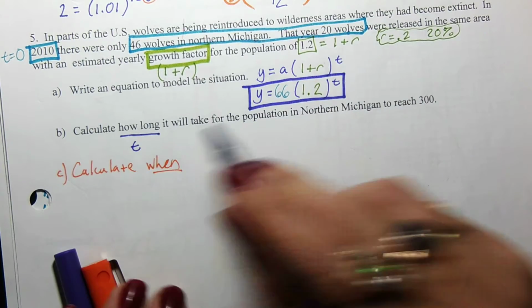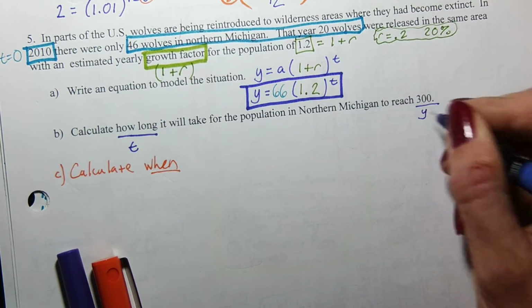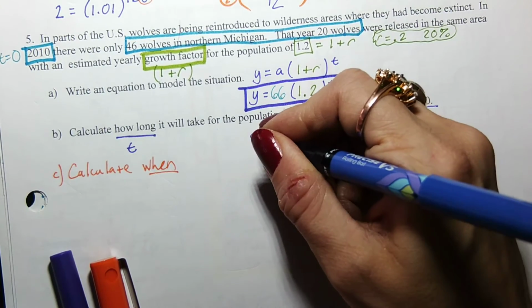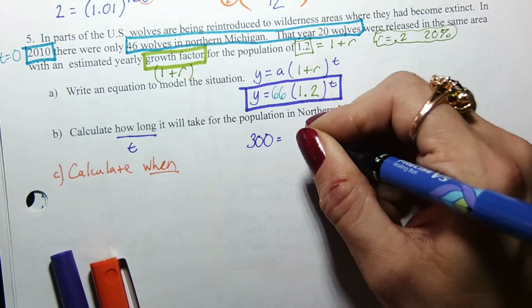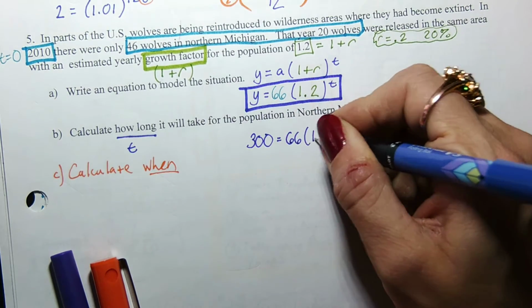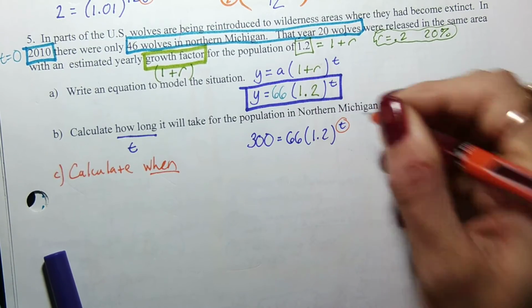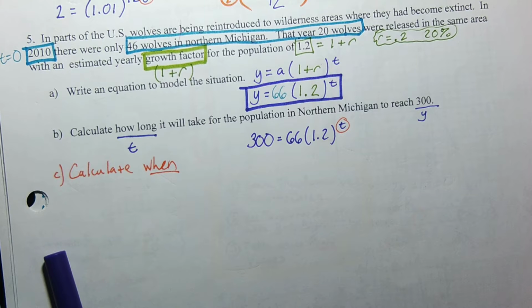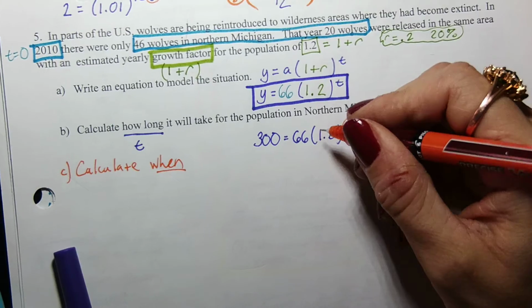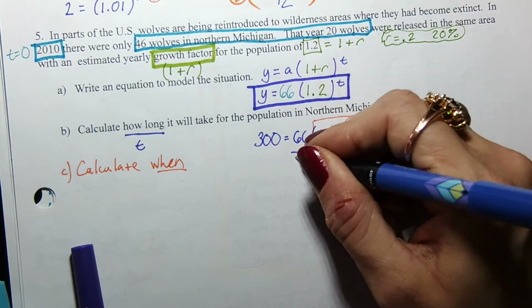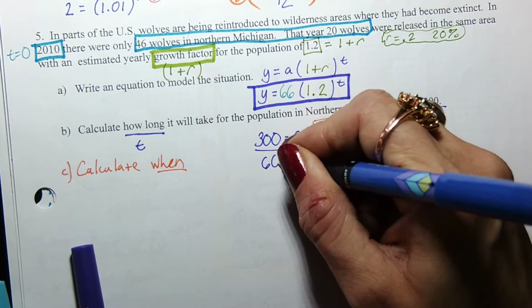We want to know how long it's going to take for the population to reach 300. So we're going to put 300 in for the y. Equals 66 times 1.2 raised to the t. We've got an exponential equation, because that's where our variable is. So first, we want to isolate the bases to see if we can get the same base. So we're going to isolate the base that has the exponent with it by dividing by 66.